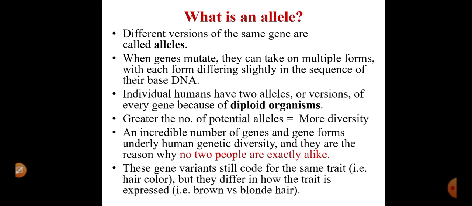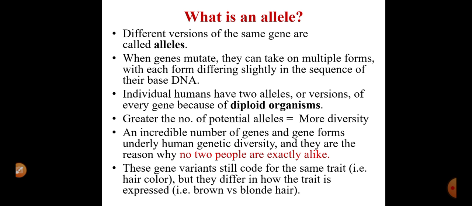So an individual human being has two alleles or versions of every gene, because we are a diploid organism, getting one copy of the gene from our father and one from our mother.